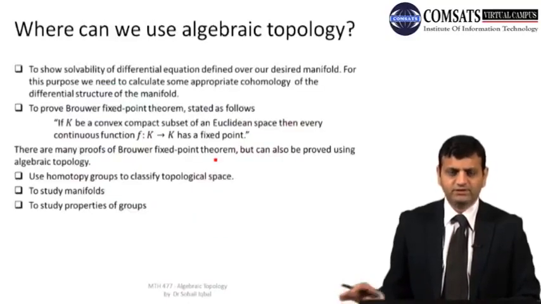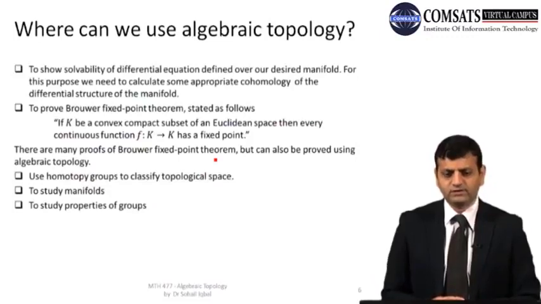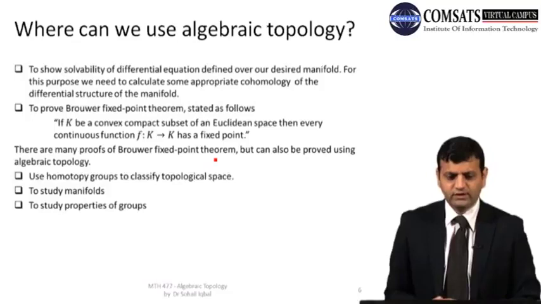There are many applications of algebraic topology. For example, if you are interested in the solvability of a differential equation defined over a manifold, then for this purpose we need to calculate some appropriate cohomology. What is a cohomology? These are some sort of groups that we need to calculate. There are also applications, for example, in fixed point theory.